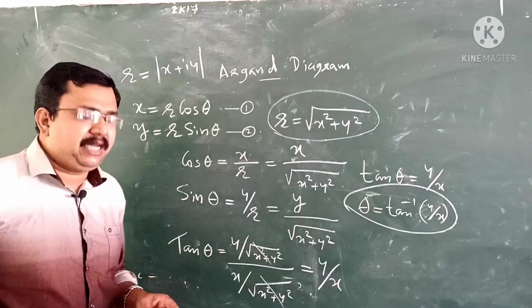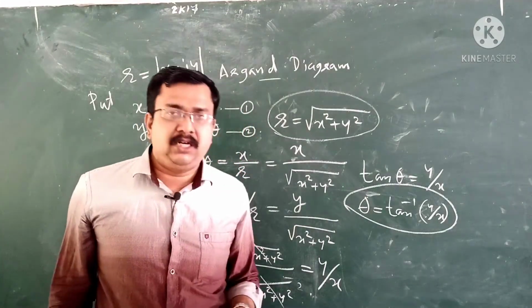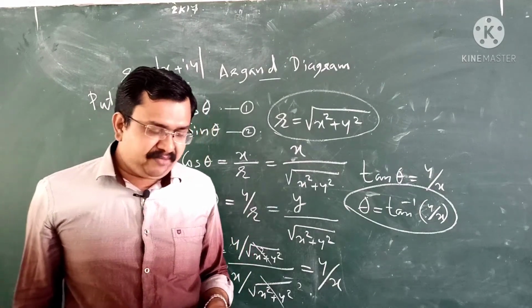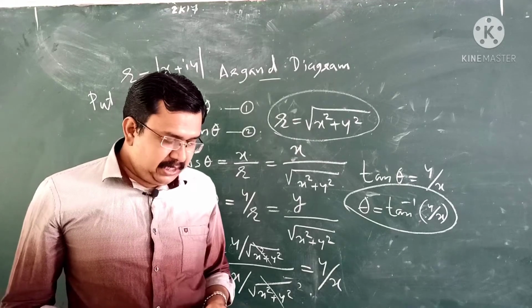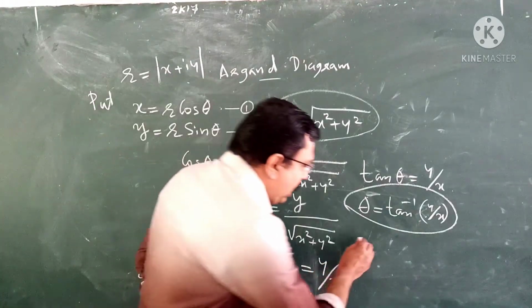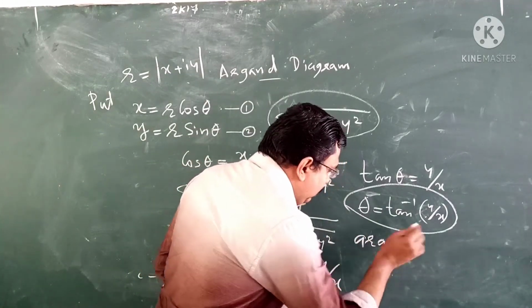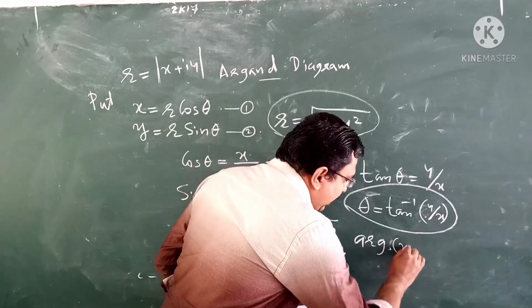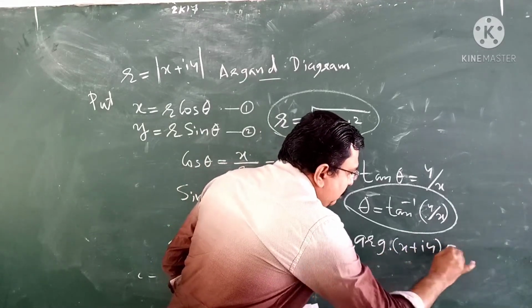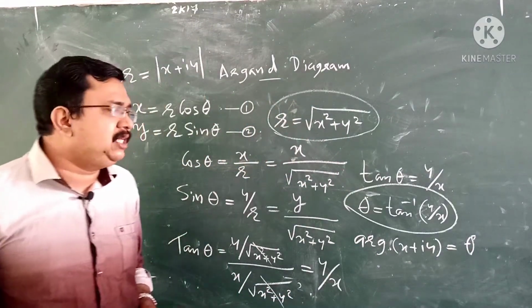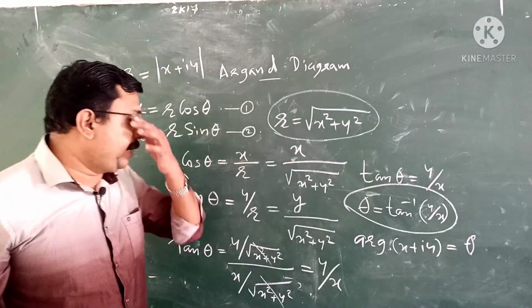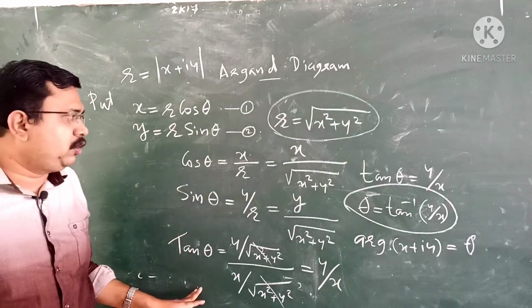The angle theta is called argument or amplitude of the complex number x plus iy, and is denoted by arg z, arg x plus iy. That is our theta. Remember that arg x plus iy is our theta. Please write down on your notebook.